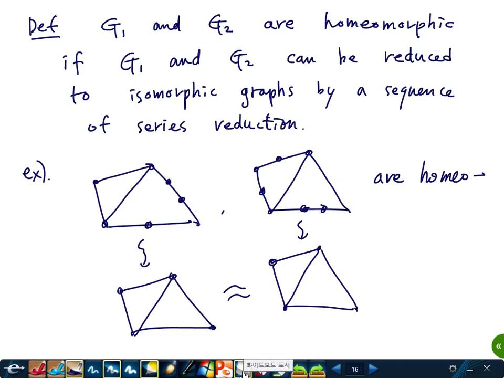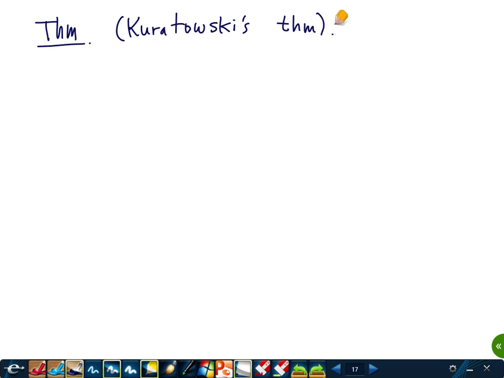Now here is a theorem. This is a very famous theorem. It's called Kuratowski's theorem.